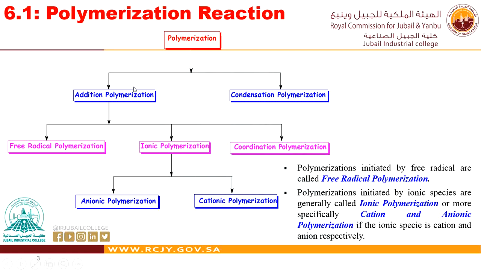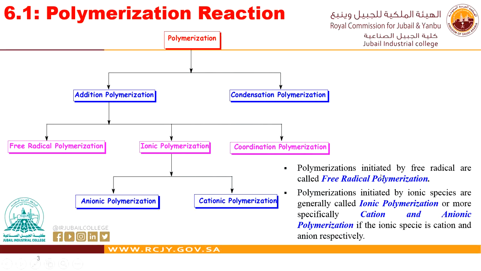So in chapter 6, we'll be discussing addition polymerization. In chapter 7, we'll be discussing ionic polymerization. And in chapter 8, we'll be discussing condensation polymerization. In chapter 9, we'll be discussing special types of polymerization, which include coordination polymerization and ring opening polymerization.